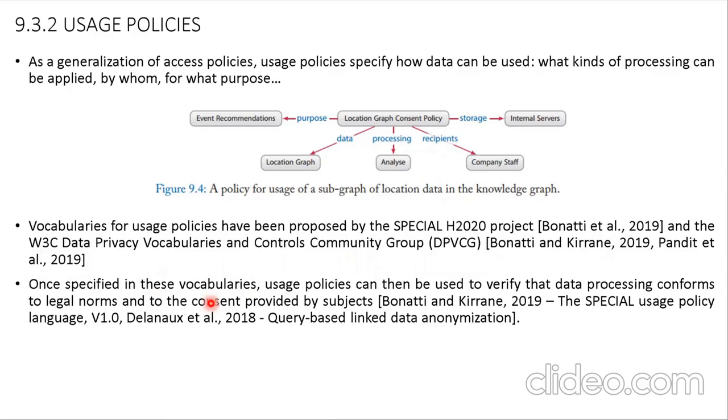Once specified in these vocabularies, the usage policy can then be used to verify that the data processing conforms to legal norms and to the consent provided by the subjects. This was mentioned in the SPECIAL usage policy language version 1.0 by Bonatti and Kirrane, and in the query-based linked data anonymization published by Delanaux.